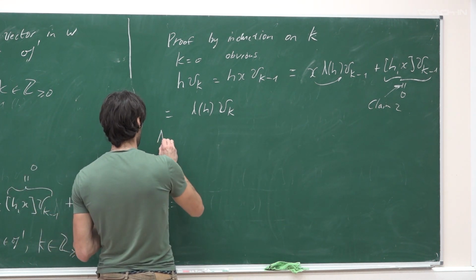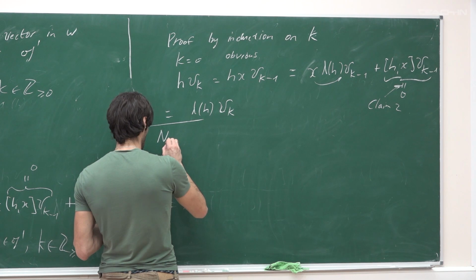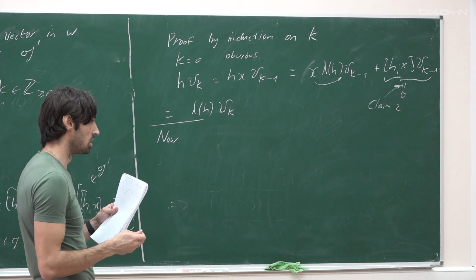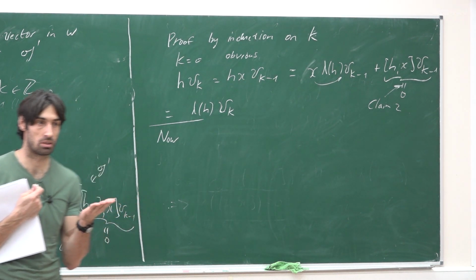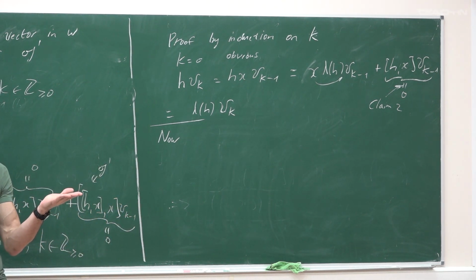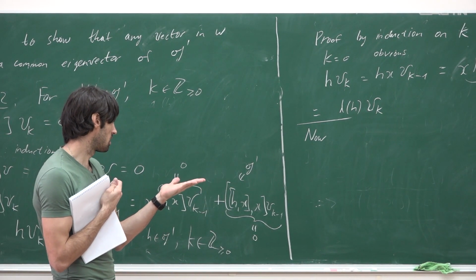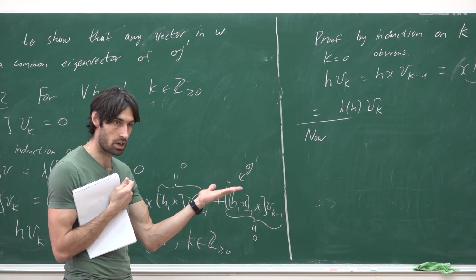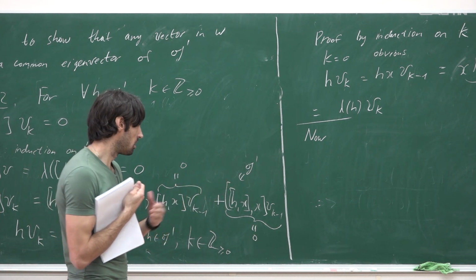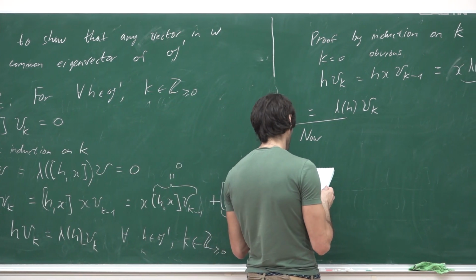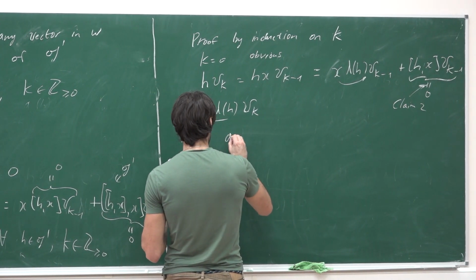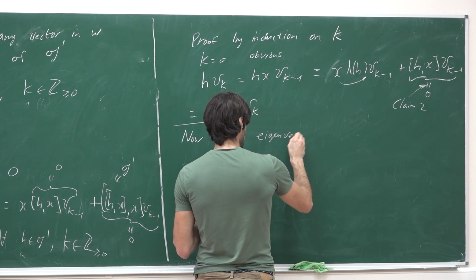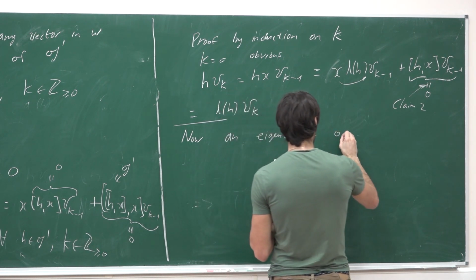Okay, now we already discussed it, but this finishes. So therefore, what did we get? We get that every vector in W is an eigenvector for G prime.